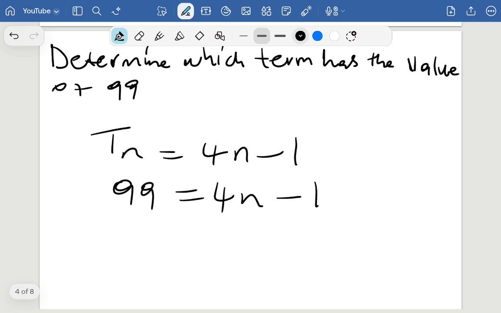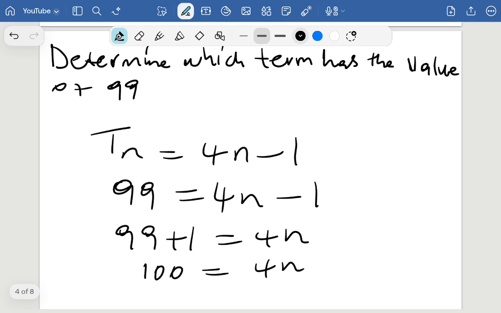So we just say 99, take 1 to this side, it's a negative, it's going to be a positive, is equal to 4n. Will give me 100 is equal to 4n. Then I want the value of n, so I'm going to divide by 4 both sides.